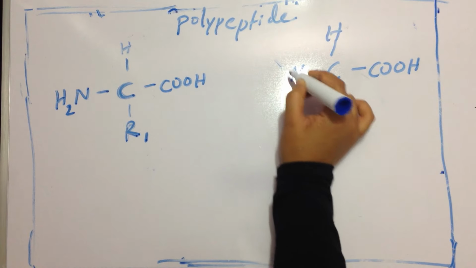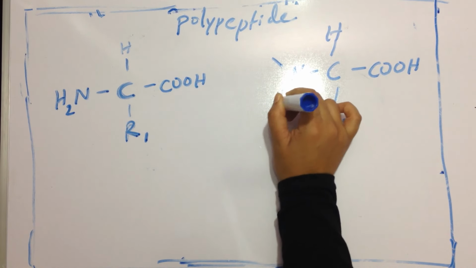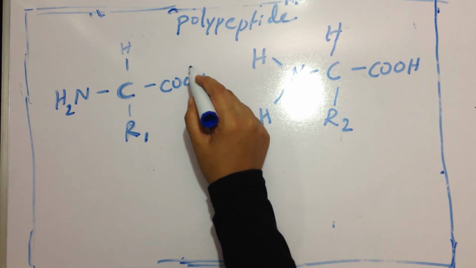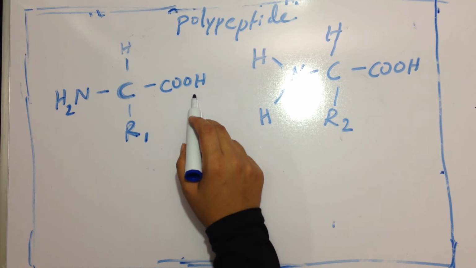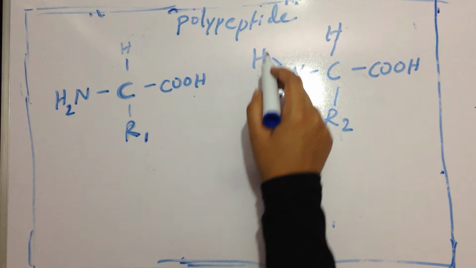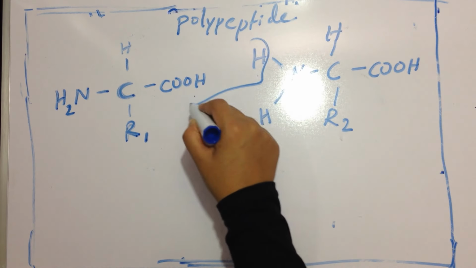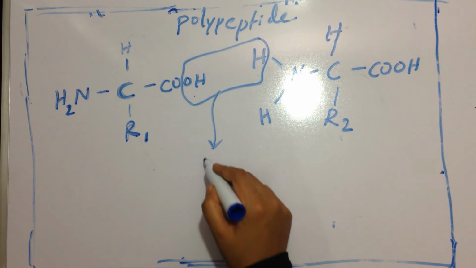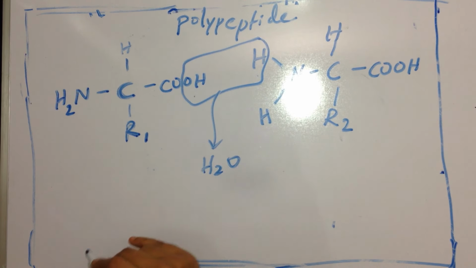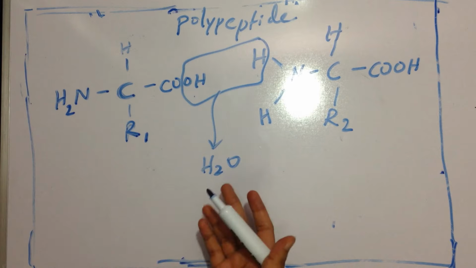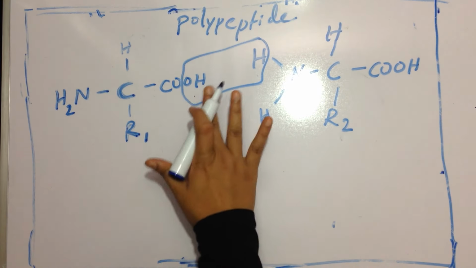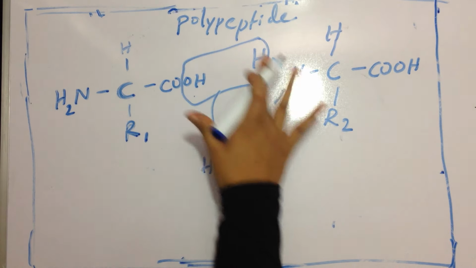Just to illustrate what happens here, I'm going to draw this. The OH in the carboxylic acid and an H from the amine group will release a water molecule. That's why we call this a condensation reaction, and then they will form a bond between these two.